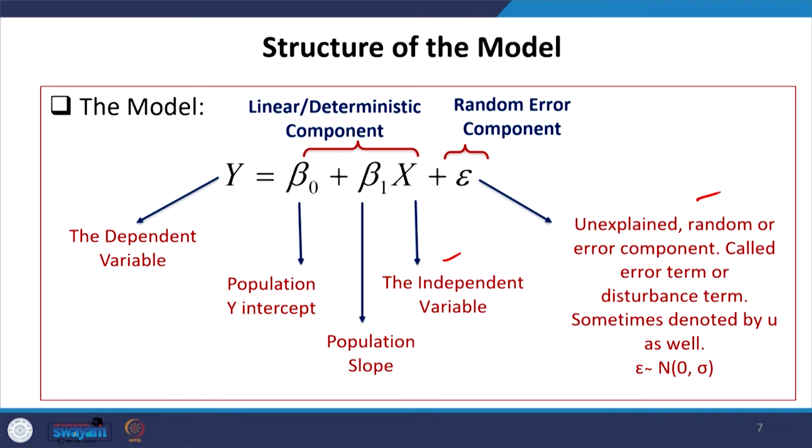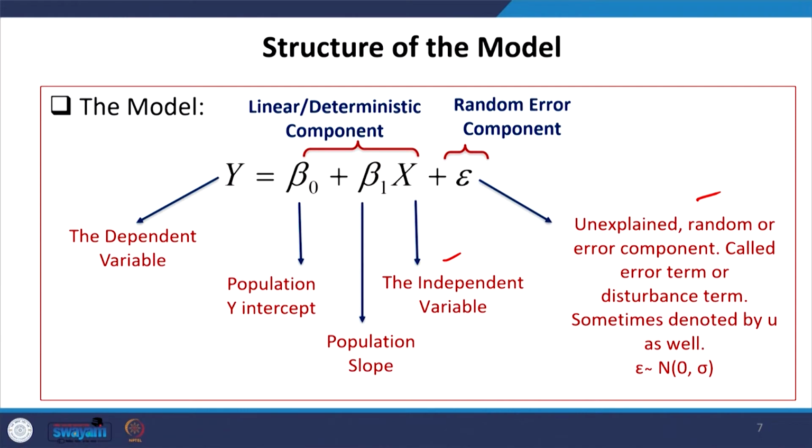This is called the error term or also the disturbance term, sometimes denoted by u, and that is in fact distributed normally with 0 mean and 1 standard deviation. So, this shows the normality of the distribution, so that all sorts of projections in the model can be made. We will explain some of these things in this particular lecture.